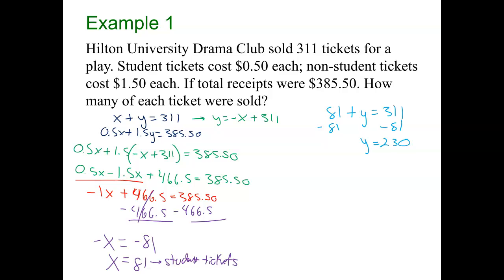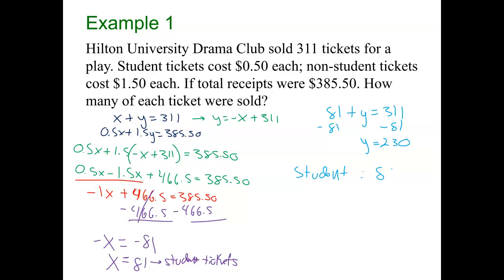If it asked for an ordered pair, yes, you would put it in. If it said what ordered pair represents the solution, you would put it in. But usually with word problems, it's going to be blanks, and it's going to say, how many student tickets? 81. How many non-student tickets? 230.